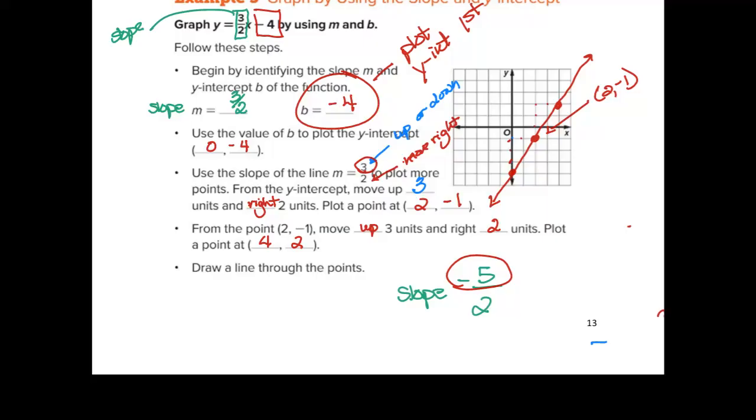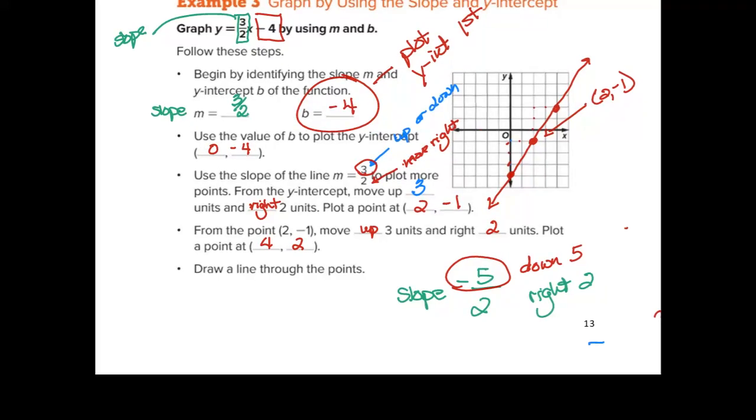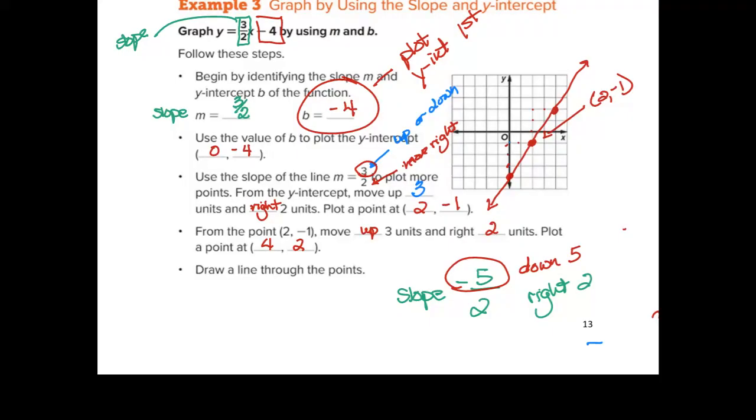So in this case, I would go down 5, and to the right 2. Okay? I always put the negative with the top number. All right? Is that what they kind of said too? All right. Yes? Okay. All right.